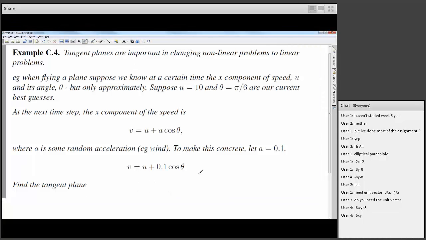So the tangent plane in general, we want to know the tangent plane about a function v in this case.